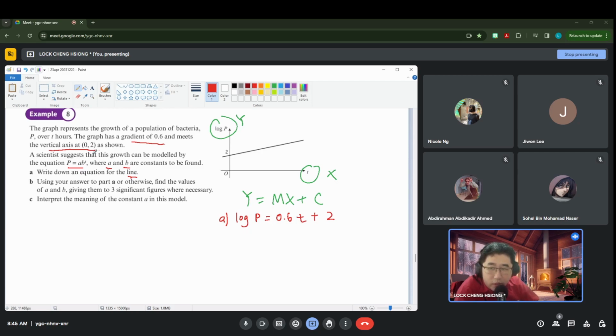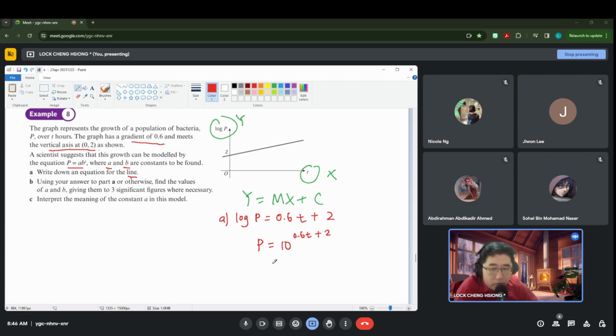After that, I need to rearrange them. Log here, when we write log, automatically we will read it as base 10. Log will be referring to base 10. Therefore, P equals 10 power of 0.6 T plus 2.